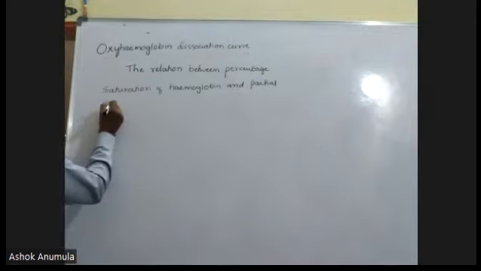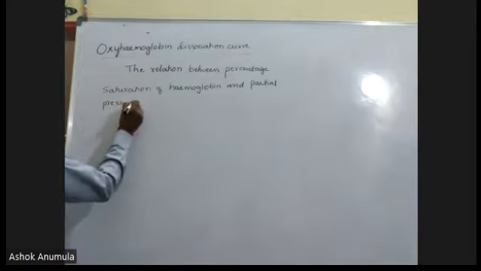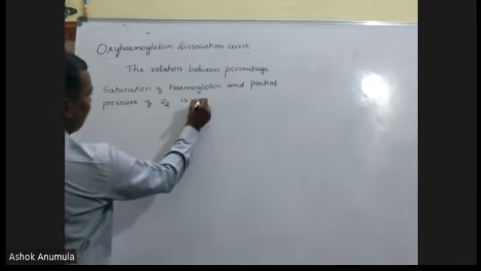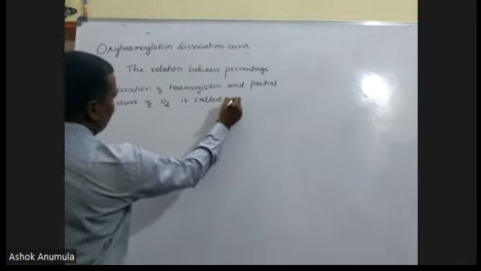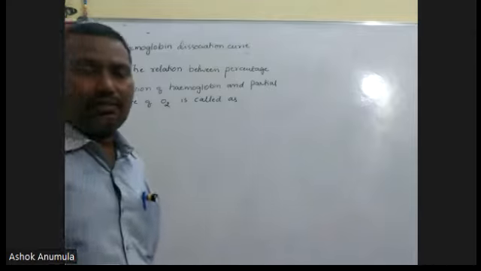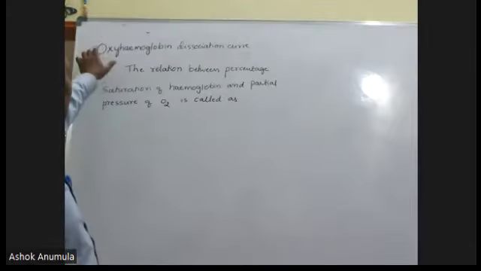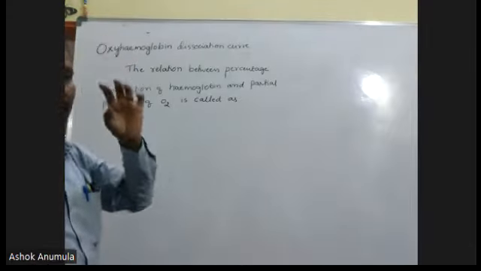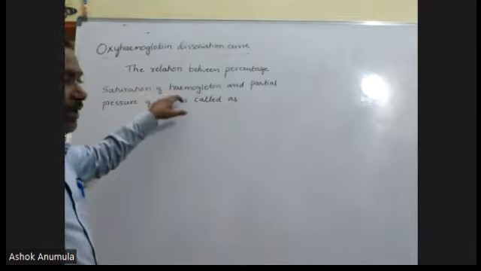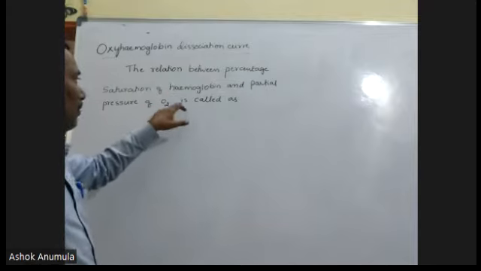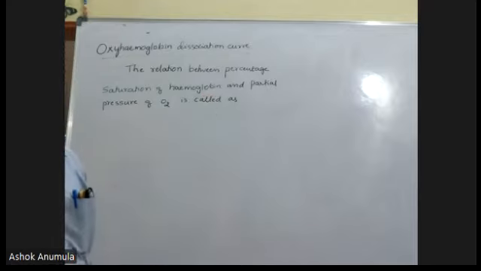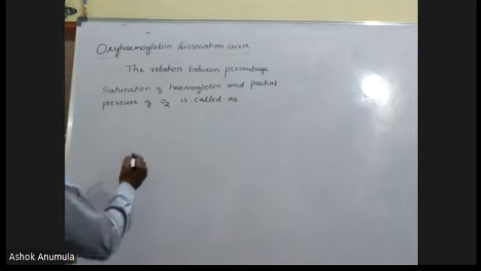The relation between the percentage saturation of hemoglobin and the partial pressure of oxygen is called the oxyhemoglobin dissociation curve, and it's a sigmoid curve.